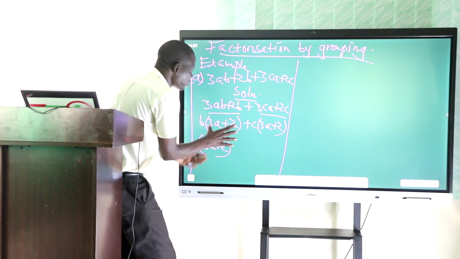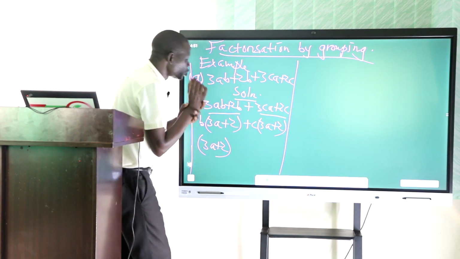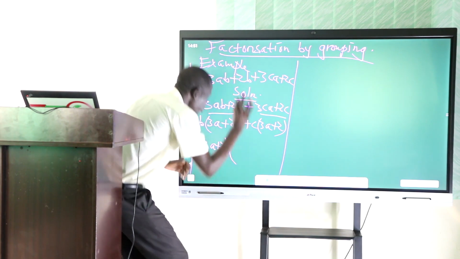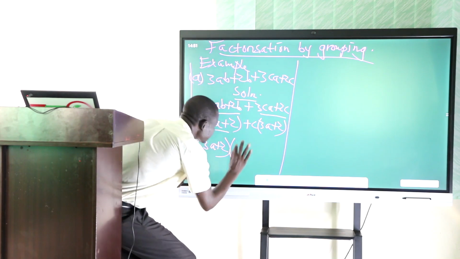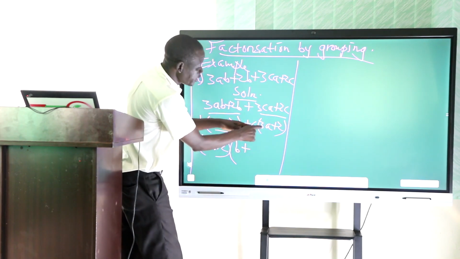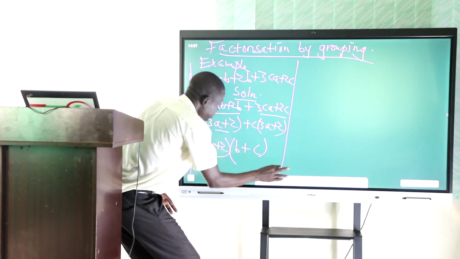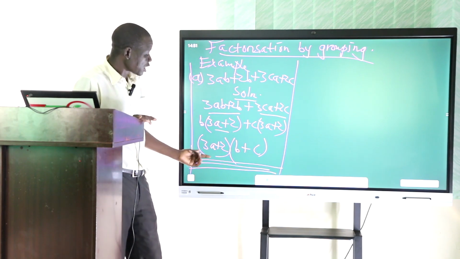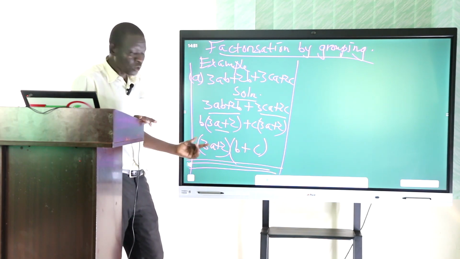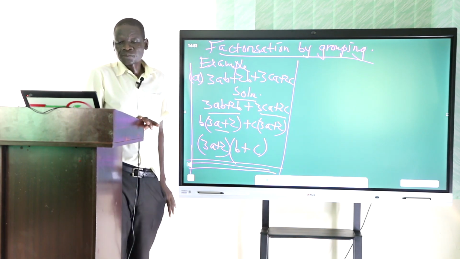This is common because we have 3A plus 2, we have 3A plus 2. So we pull it out. In this group here, we are now left with B plus, the 3A plus 2 is already out, we are left with C. And this becomes the final answer. So basically, this is how we factorize by grouping.